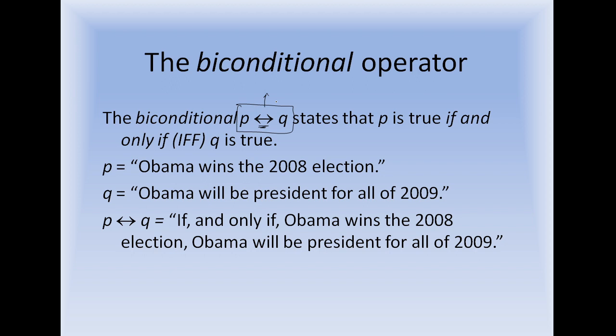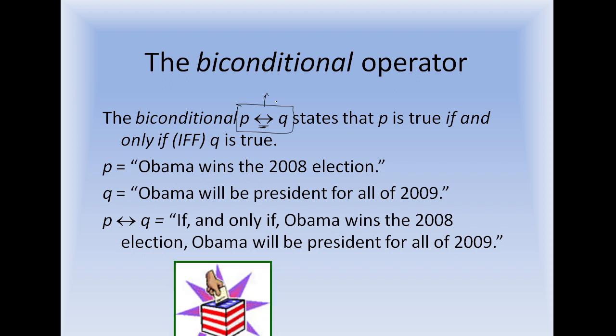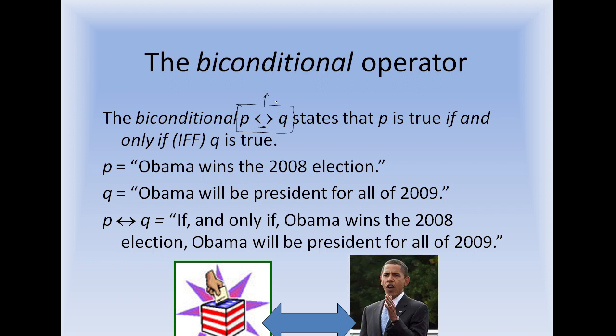Obama wins 2008 election if Obama will be the president for all of 2009, right? So for Obama to be the president of 2009, he should win the election of 2008. So Obama will be the president for all of 2009 if and only if Obama wins 2008 election.